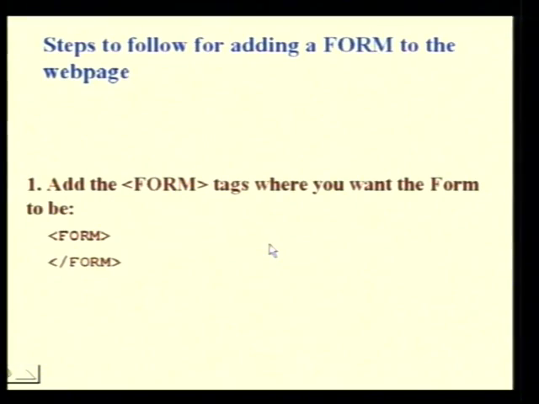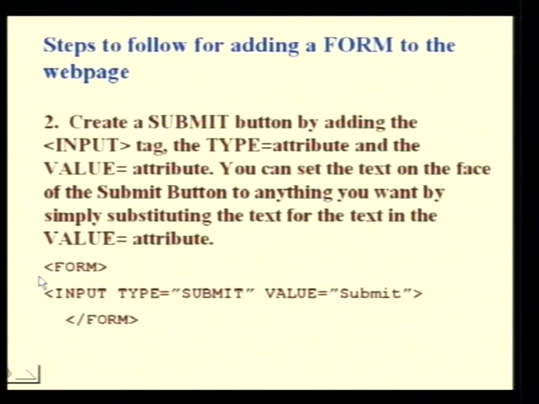Then you have the next part: how do you add a form to a web page. Similarly, begin with an HTML document structure and add the form tags where you want the form to be. This form tag has to be form and slash form, within the body tag. Create a submit button by adding the input tag, the type attribute and the value attribute.